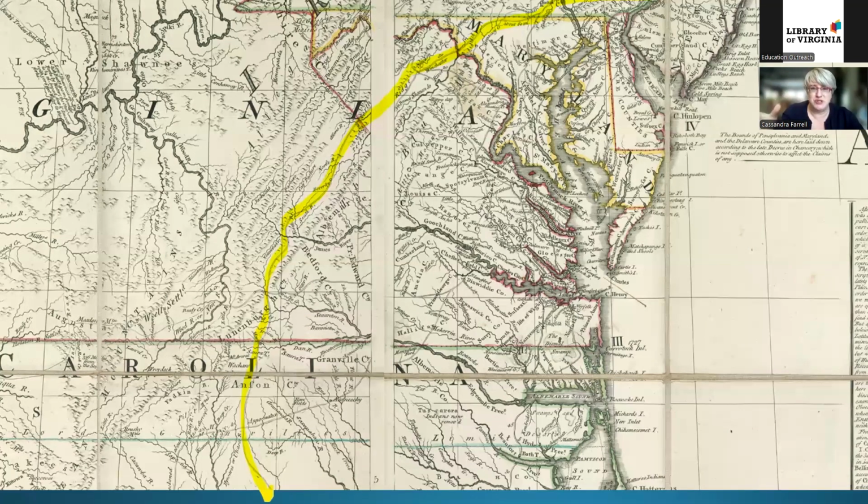Early American peoples used it as a trail from New York to travel down into the southern colonies. Well, it became a well-traveled road in the mid-18th century as people began moving into the South. And so they move into what we Virginians call the Shenandoah Valley. And a good portion of the road that you see on this map now, a good portion of Interstate 81 follows it. Present-day Interstate 81 follows this route.